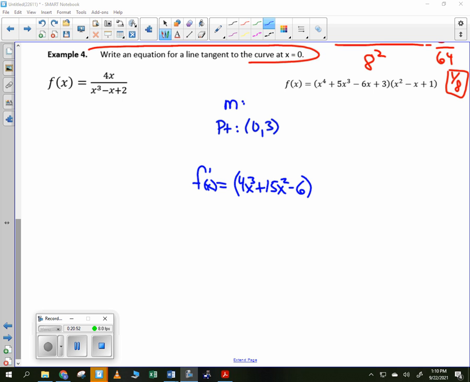No, we got a little bit more work, don't we? Got to write that next function, x squared minus x plus 1. Plus or minus? Plus. Then what? 2x minus 1. Then times the other guy.